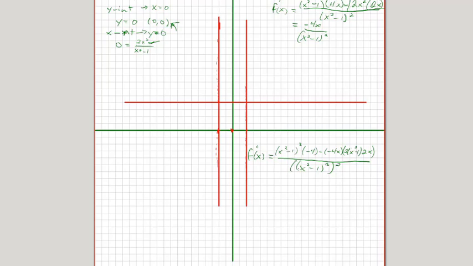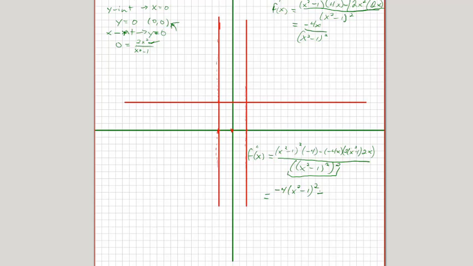So let me come back to the second derivative, but let me point out that we don't really care about this denominator because it's always positive. And the thing we're going to get from the second derivative is the concavity, so we really only care where it's positive or negative. Let me simplify the top a little bit. This first part will always be negative because I've got negative 4 times a positive number.